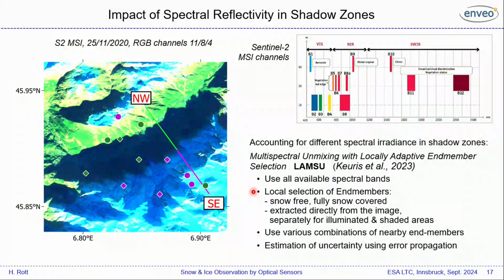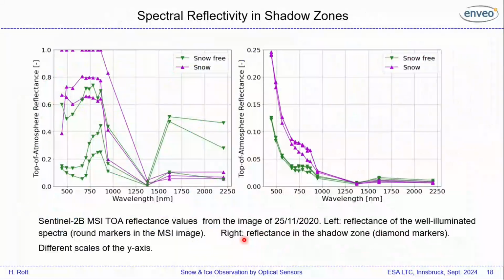Spectral decomposition uses spectral reflectivity for specific targets. And here we separate snow-free and fully snow-covered and use this data directly from the images, always automatically. This is important. And we provide also error estimates for this. And this is not only done for MSI, also for other sensors, Sentinel-3 sensors, for example.